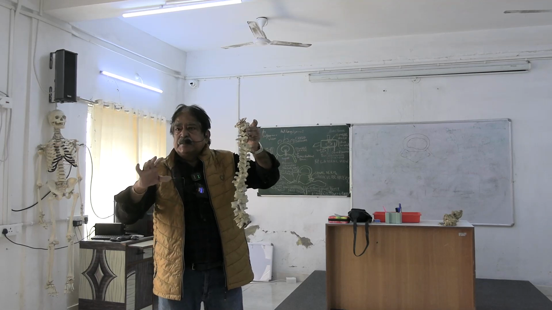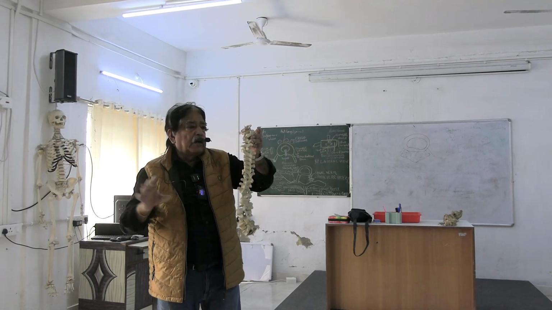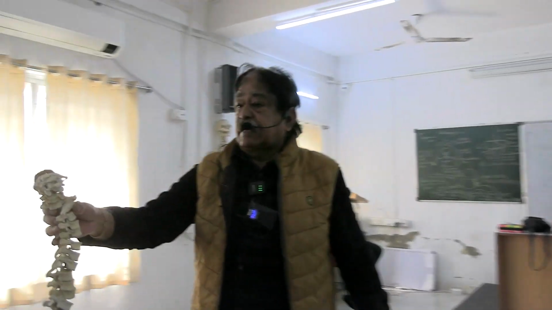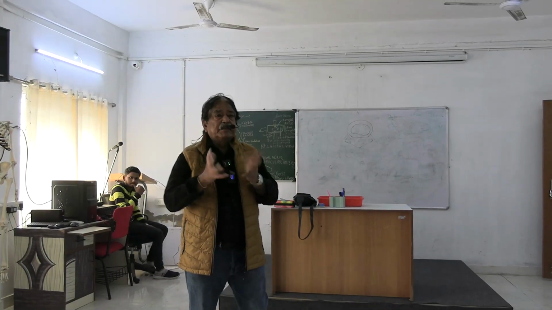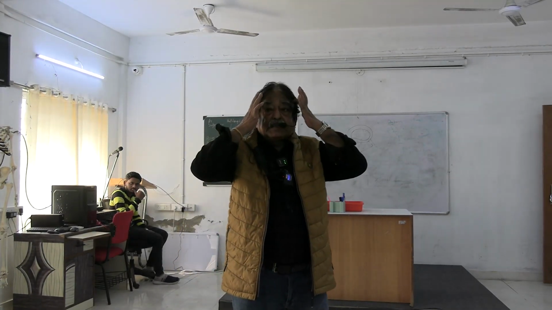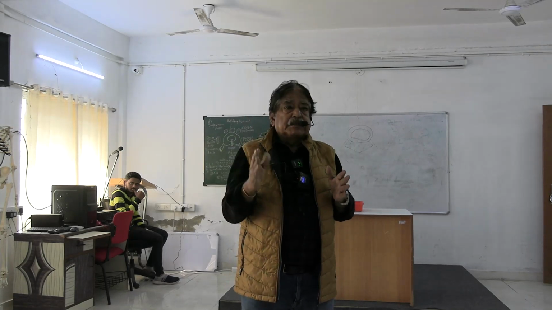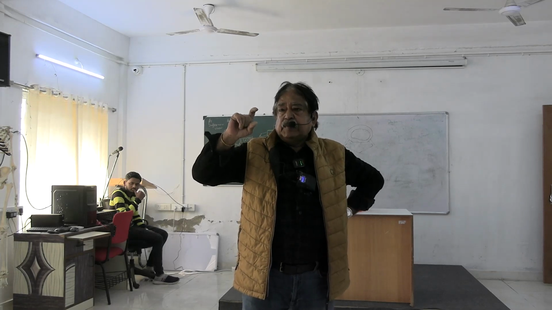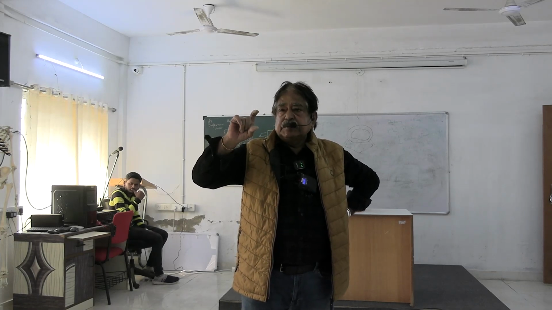This is the common descriptive feature that you have to note. It has processes: spinous process, transverse process, lamina, and the thickness of the spinous process is more than an inch.